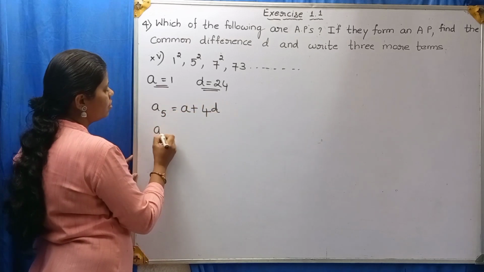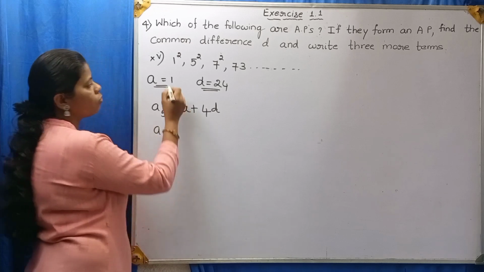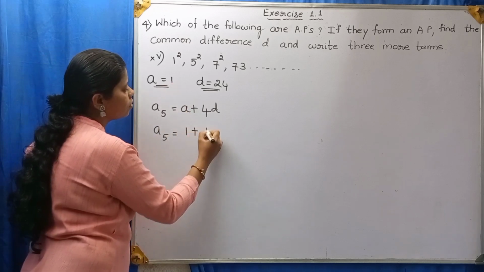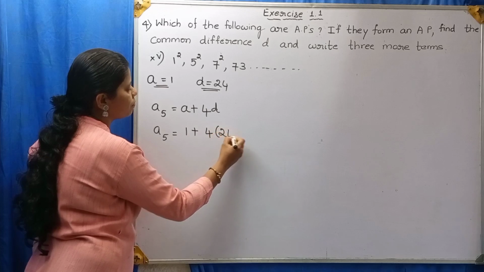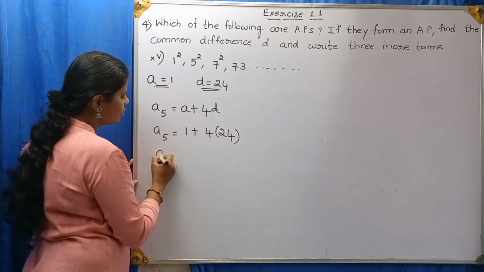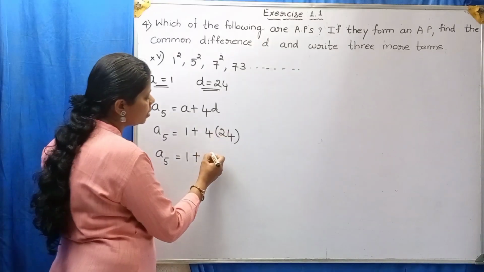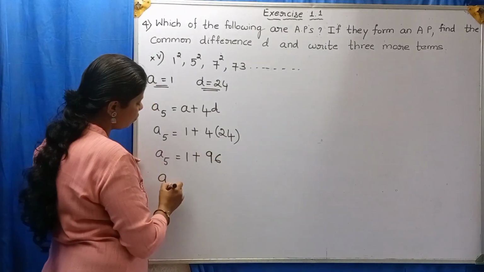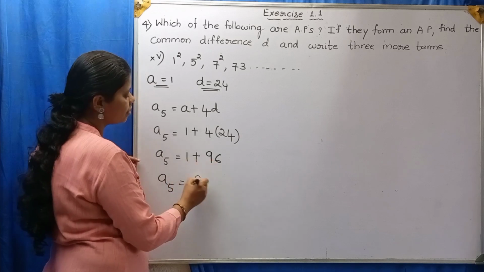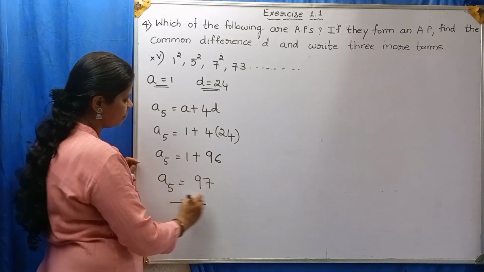A5 is equal to 1 plus 4 into 24, which is 96. A5 is 1 plus 96, which is 97.